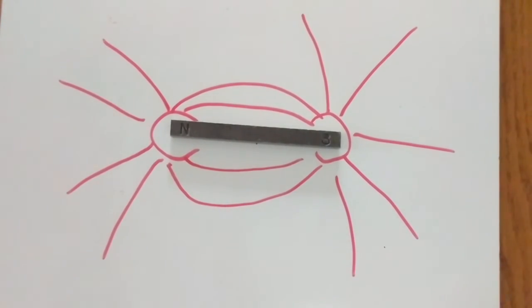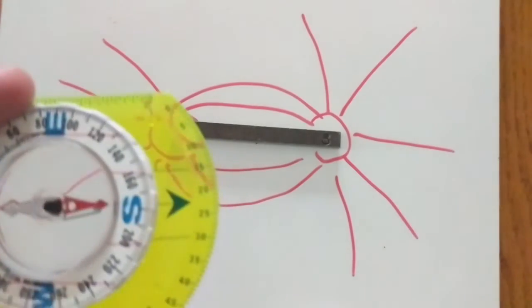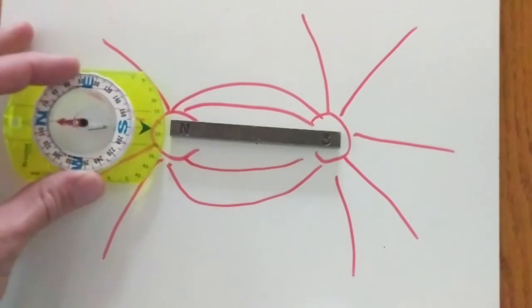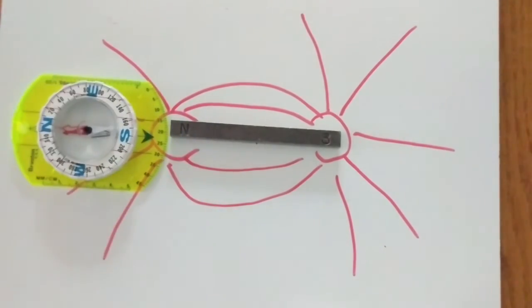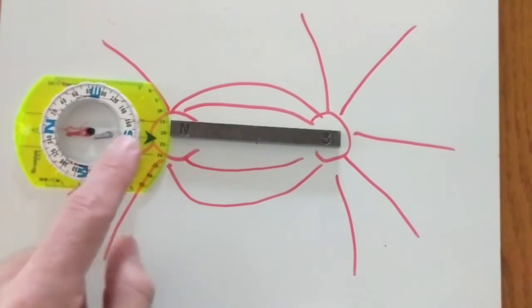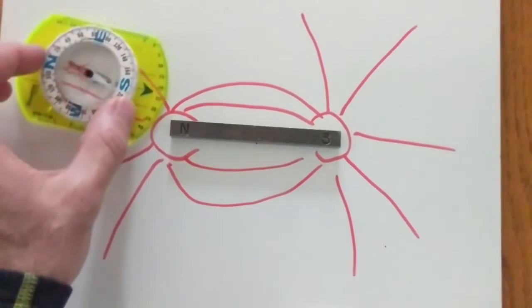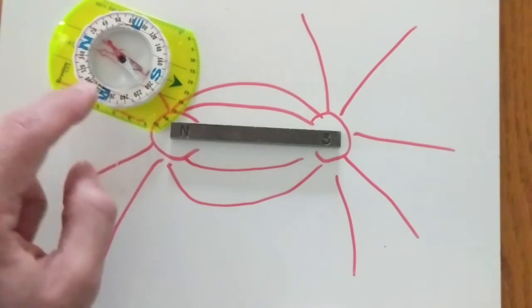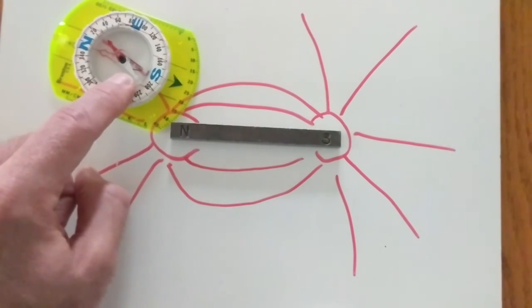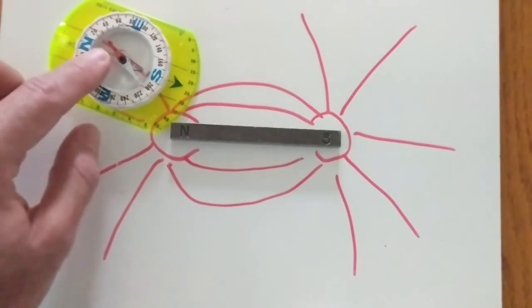So this compass should get caught up in there. And let's see. Notice that it spun around and this white needle points right there. And as I move this around, that white needle moves as well to stay pointed there.